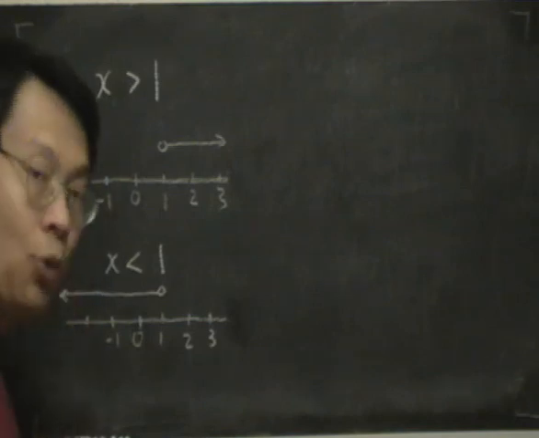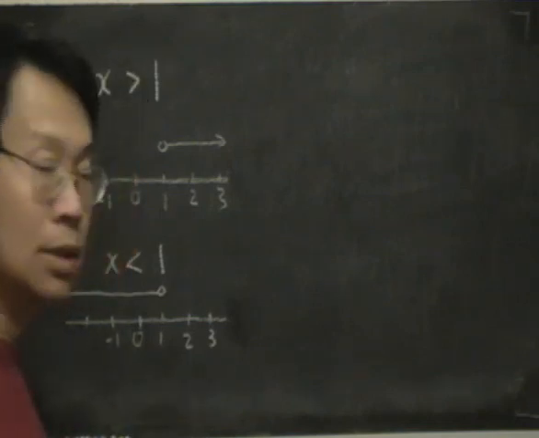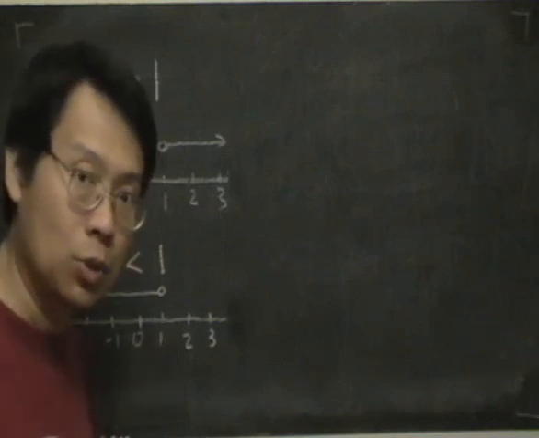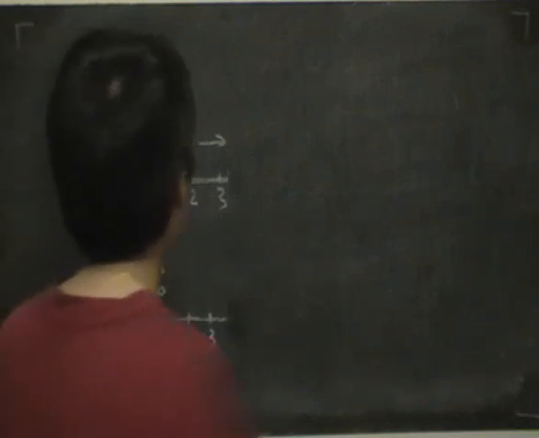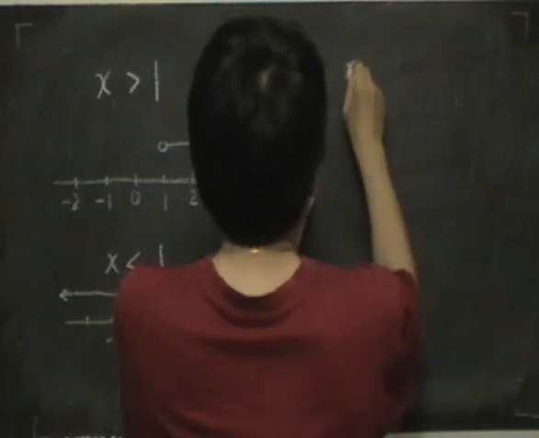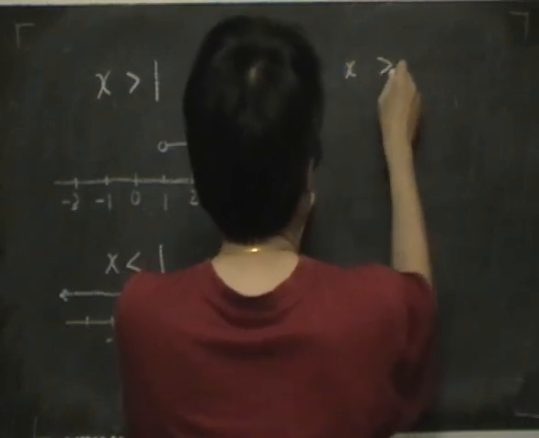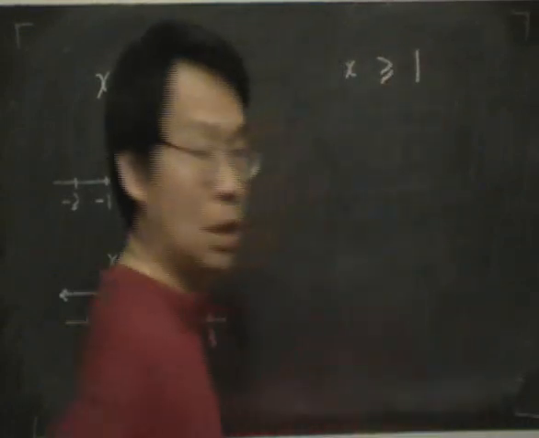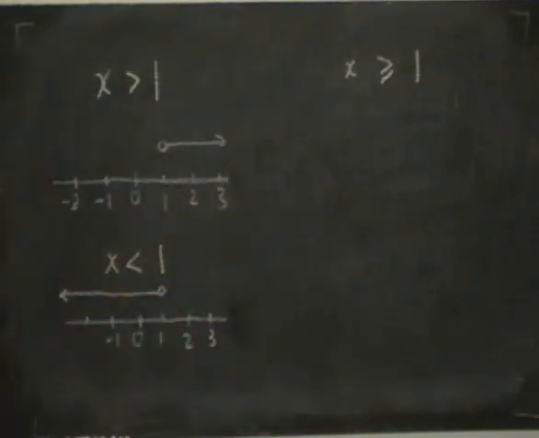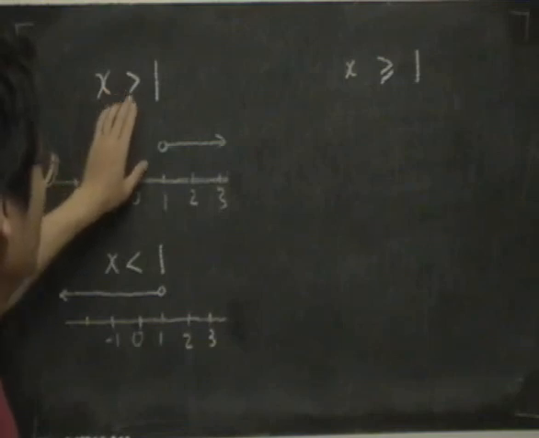Now we are going to move on to a slightly different inequality. So I'm going to introduce this one. x is greater than or equal to 1. So that's a new inequality. I've not mentioned that before.